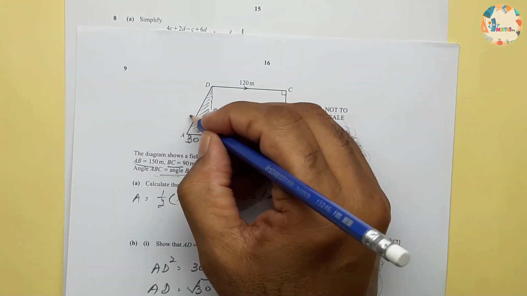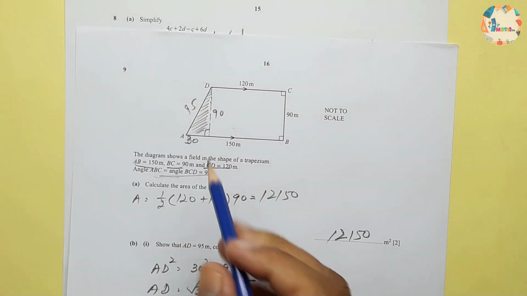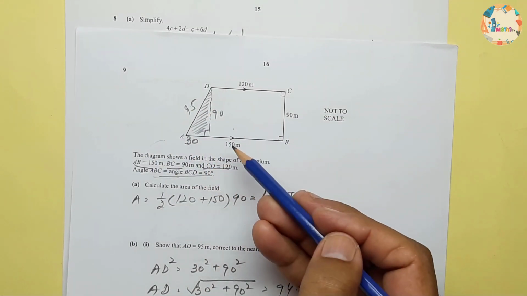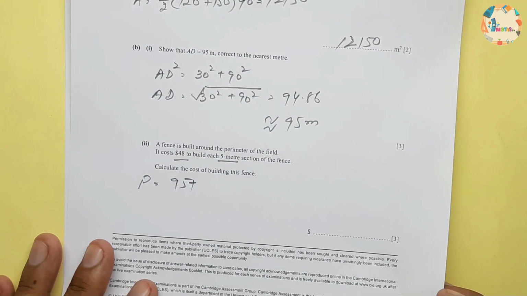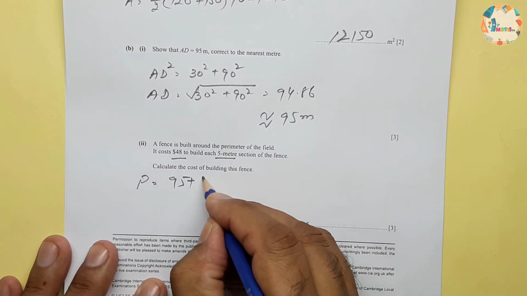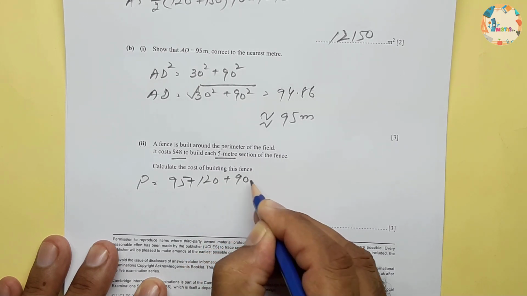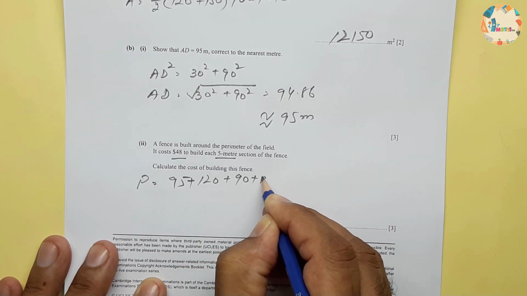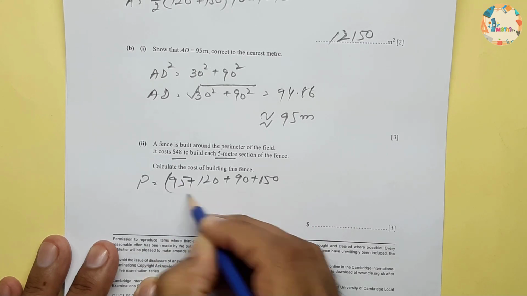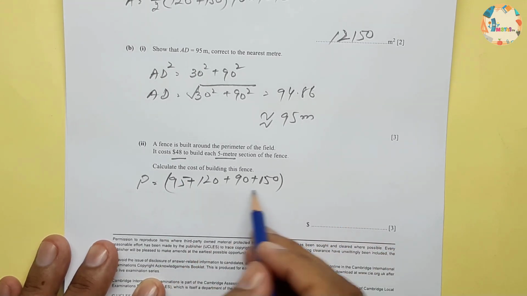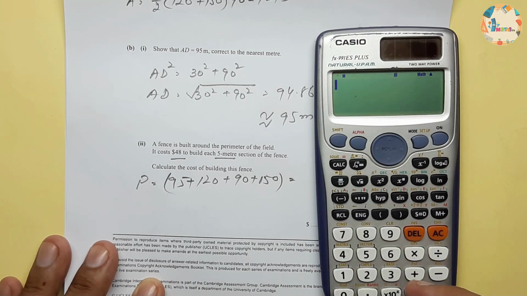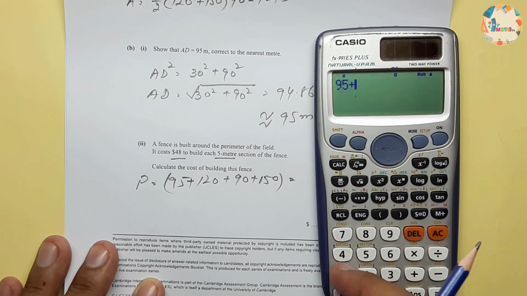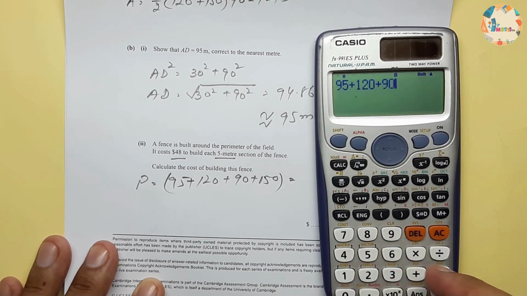Basically we got this side as 95, so 95 plus this plus this plus this, 4 sides we will add up. 95 plus 120 plus 90 plus 150, so this will be the perimeter.